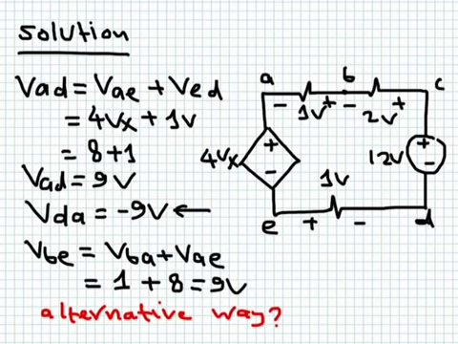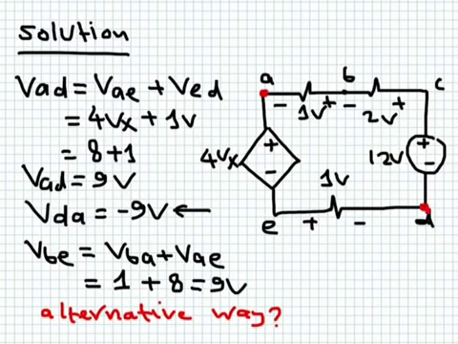Okay, so to summarize, I want to get VDA, but I will get instead VAD and multiply it with a negative sign. VAD is 1, so point E is higher in voltage than point D by 1 volt. VAE is 8, point A is higher than point E by 8 volts. Then I would like to calculate the voltage difference between point A, which is here, and point D, which is here.